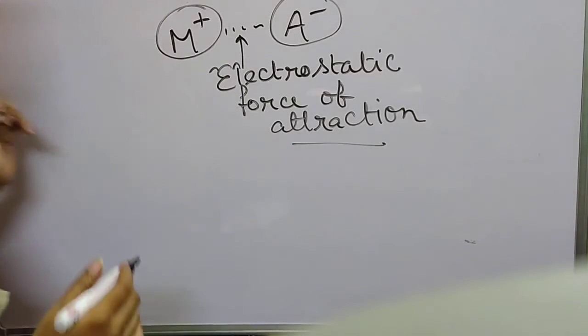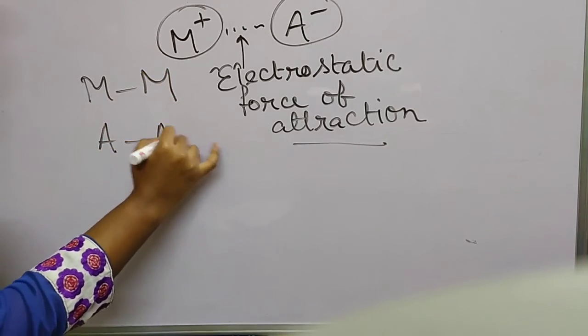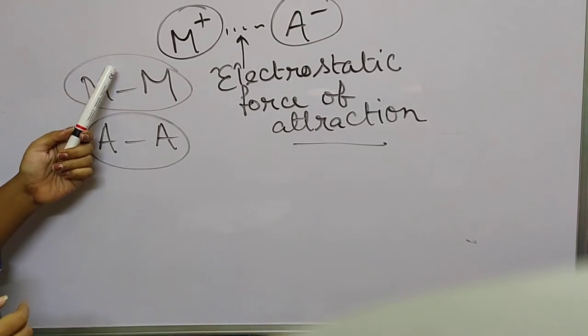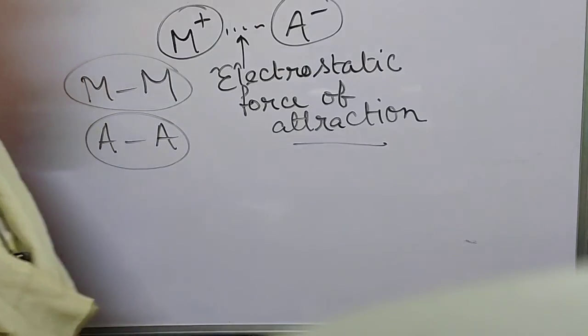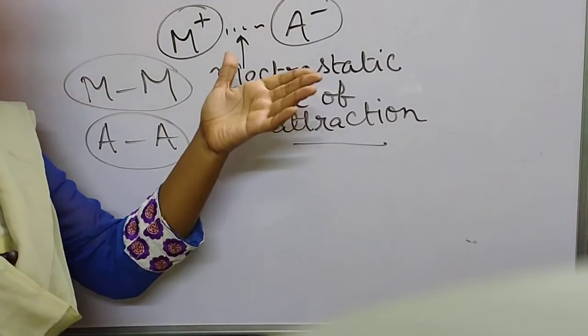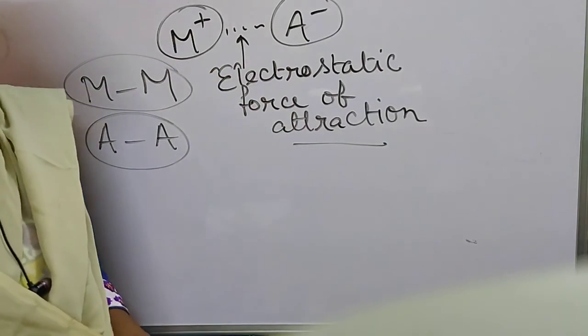So the bonding between, suppose, M and M, or between A and A, these types of bonds are actually covalent bonds. In comparison to these bonds, the electrostatic force of attraction between two ions is stronger. In the class that day, I just told you that this is stronger sometimes, but not actually always.